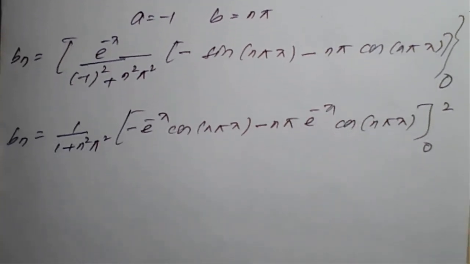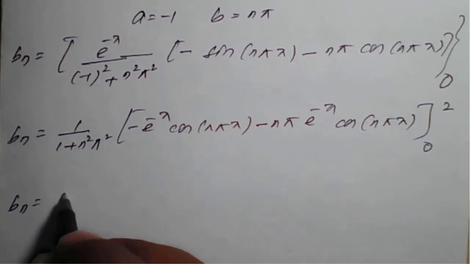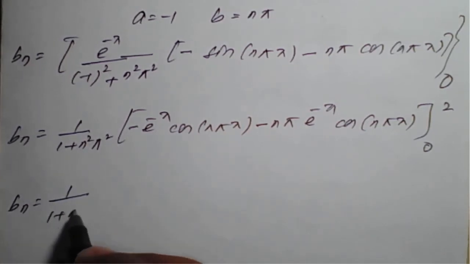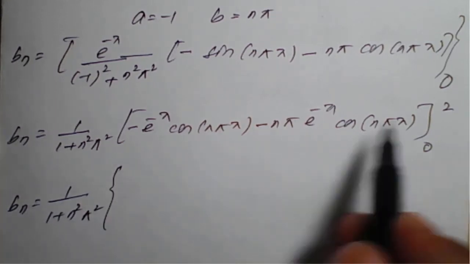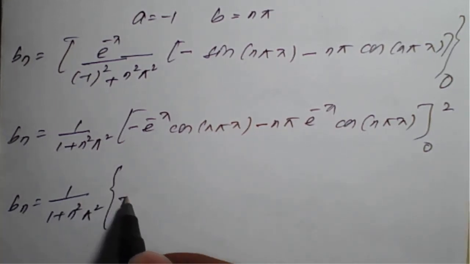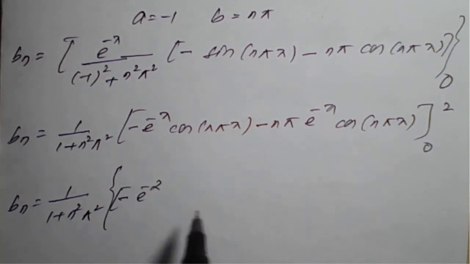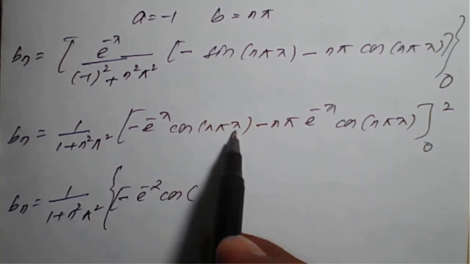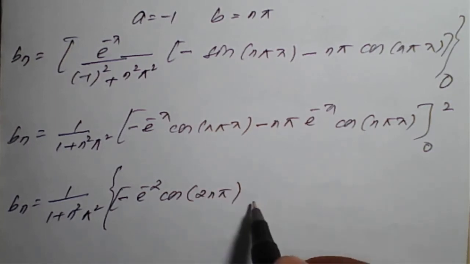So on simplification, b_n is equal to 1 upon 1 plus n squared pi squared. Apply the upper limit. What happens here, minus e raised to minus 2 sine of, if you replace x by 2 it will become 2n pi.